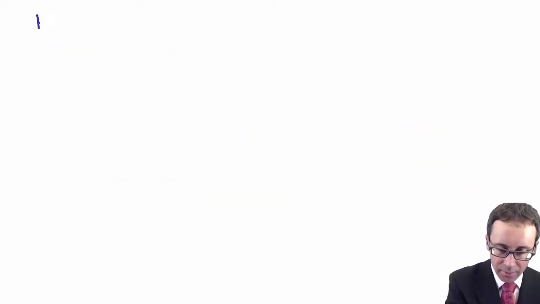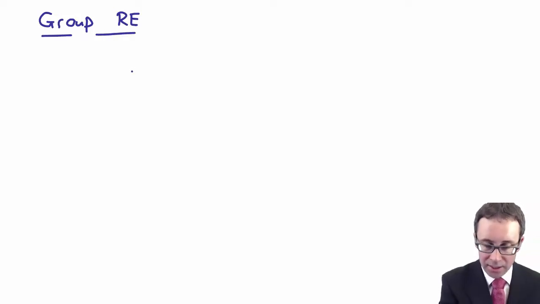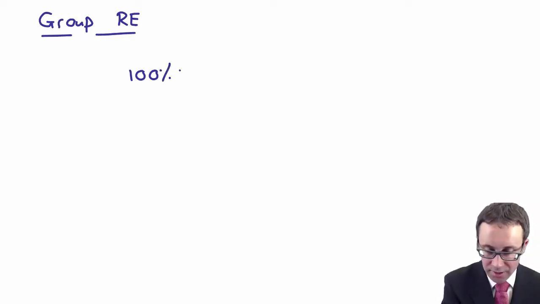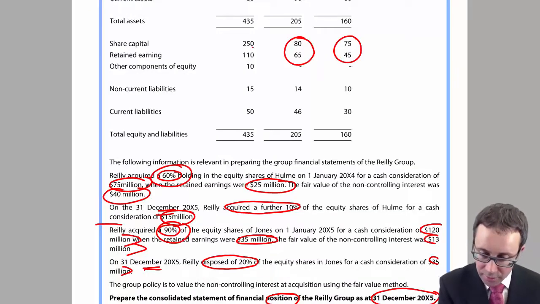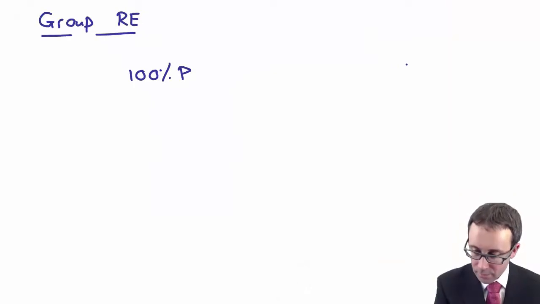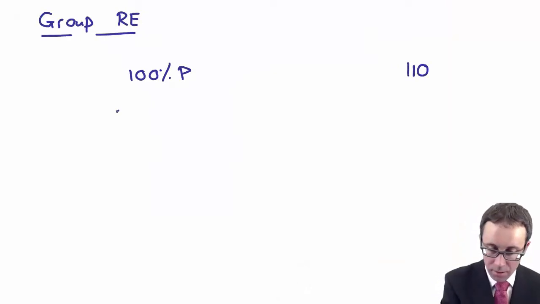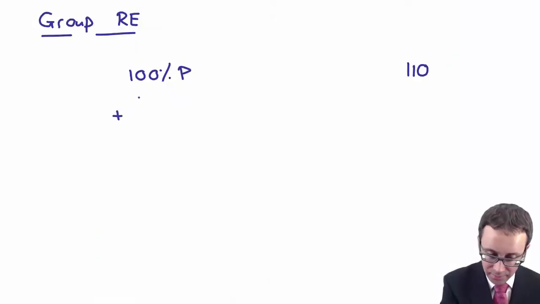We've then got working number 5, which is our group retained earnings. So here it's 100% of the parent. 100% of the parent's retained earnings is 110. I then add on Hume, which was 60%.